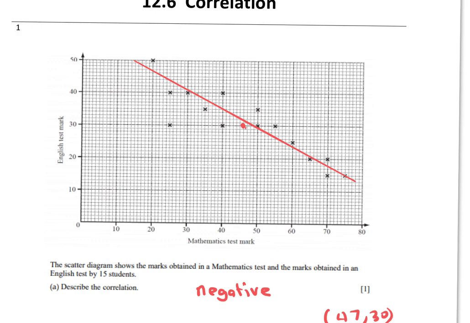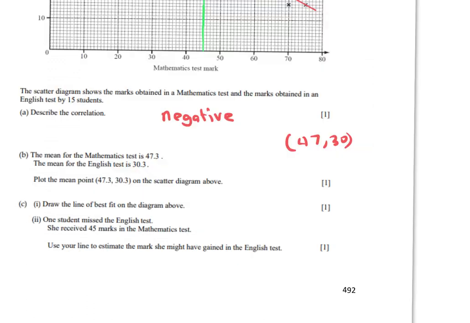From 45 on the horizontal axis, go up until you reach the line. Then you can predict the English mark: 32. So 32 is the estimate for the English mark.